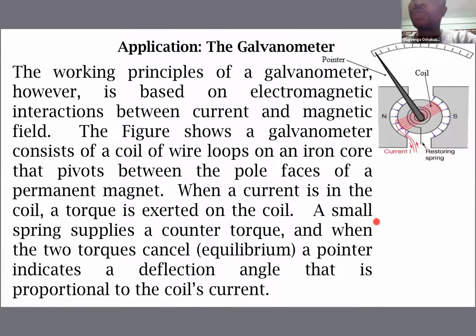So in technical words, the small spring supplies a counter torque. And when the two torques cancel, that is when the torque created as a result of the magnetic force in the coil balances the force in the spring, then you can say the two torques have cancelled.